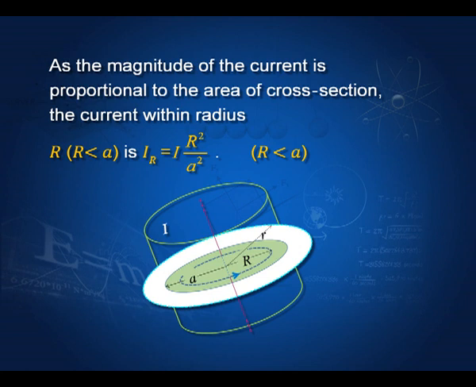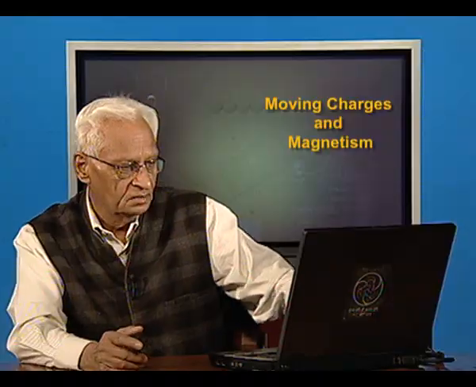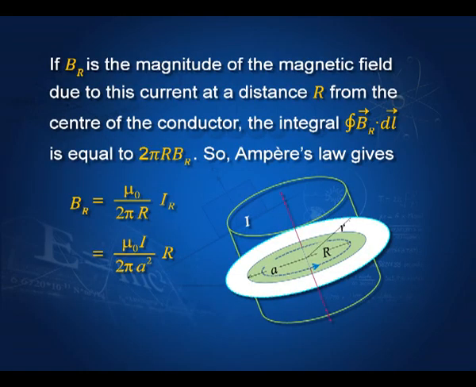Now, you consider the loop of radius r, and again, because of symmetry, the magnetic field must be constant. The integral of dl in this case would be 2 pi r. So, 2 pi r times B r, the magnetic field at a distance r from the axis of the cylinder, is equal to mu 0 times I r.